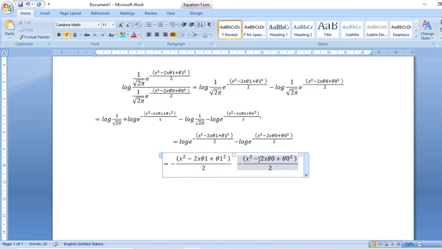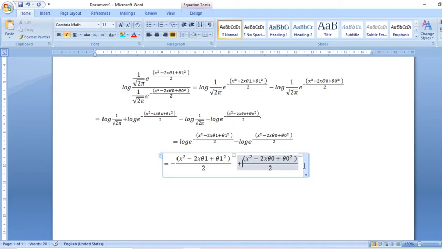So x square and x square will get cancelled. The plus out, minus of minus plus out. X square and x square will get cancelled, and then 2 theta naught square is there, theta 1 square is there.